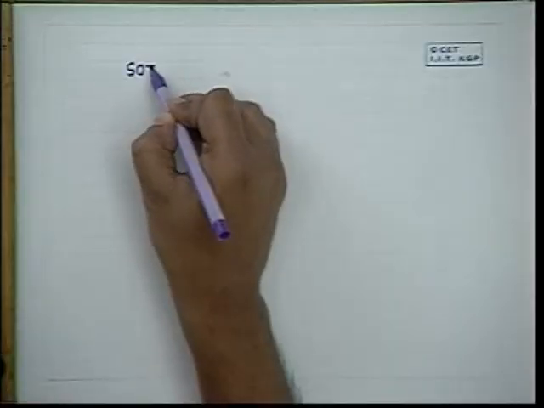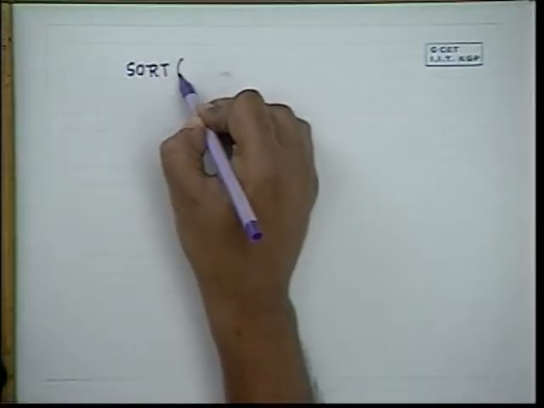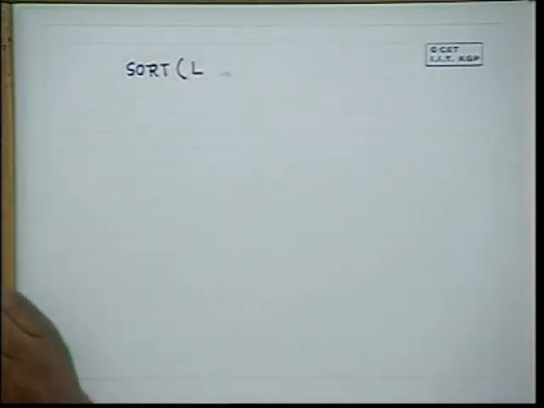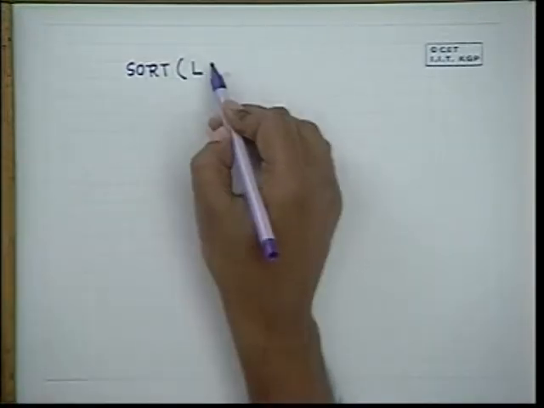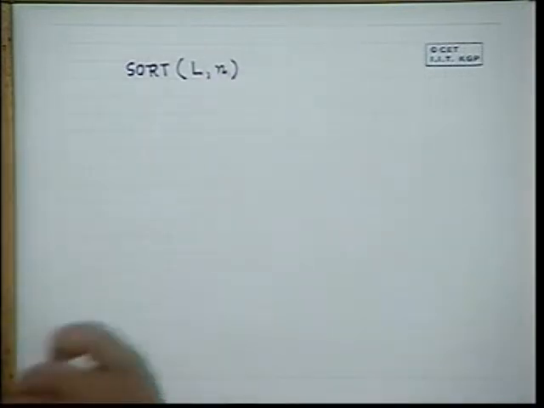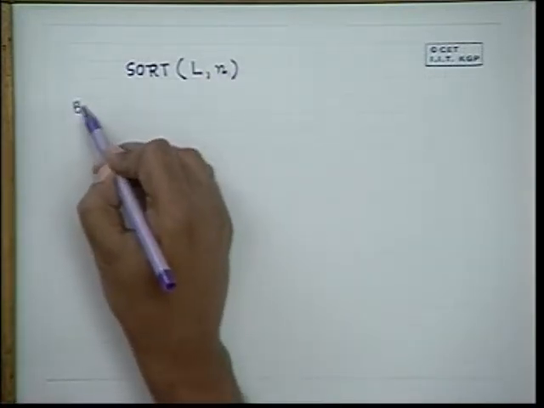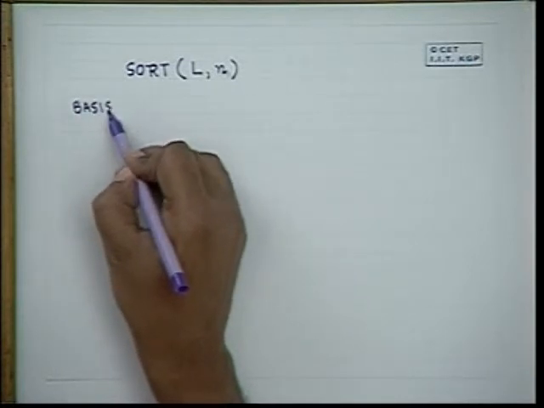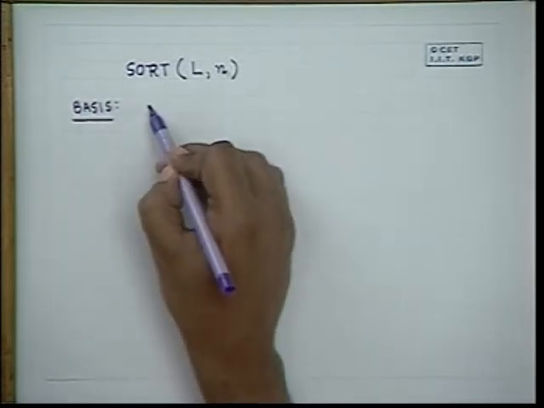To sort a list L of n elements, what is the basis condition? Same.